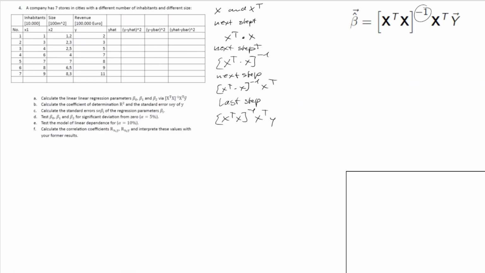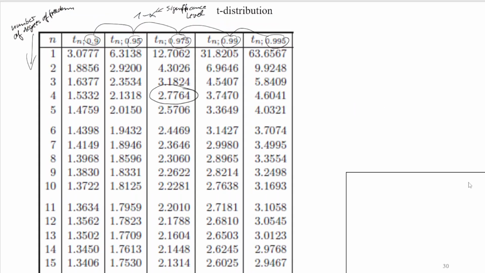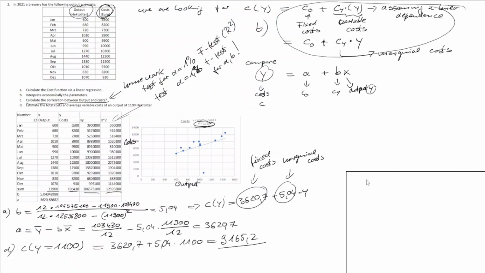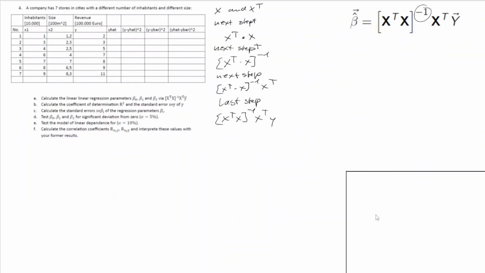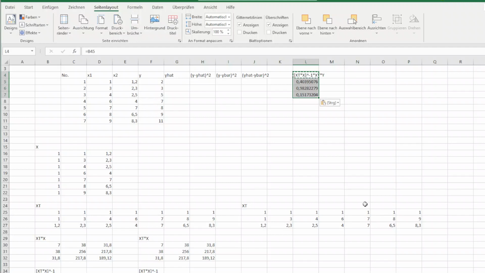So why did we have done this? Let's go back. Oh no, here it is. I have written it already down. Well, the three numbers we obtained is now nothing else than beta 0, beta 1, and beta 2. So this is beta 0, beta 1, and beta 2.